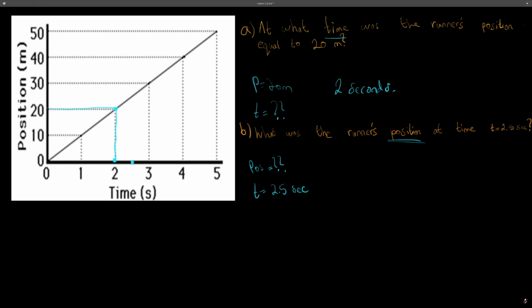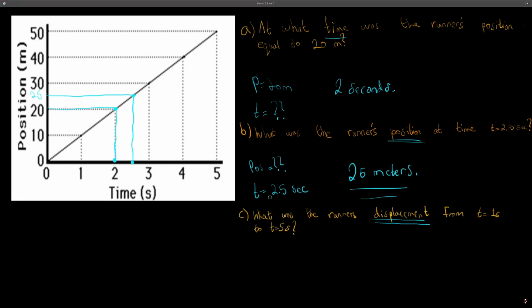Then we draw a line straight towards the object's movement, and then we draw another line, and we can see that it's around half of 30, in between 30 and 20, so around 25. So what's the position at time 2.5 seconds? It's around 25 meters.